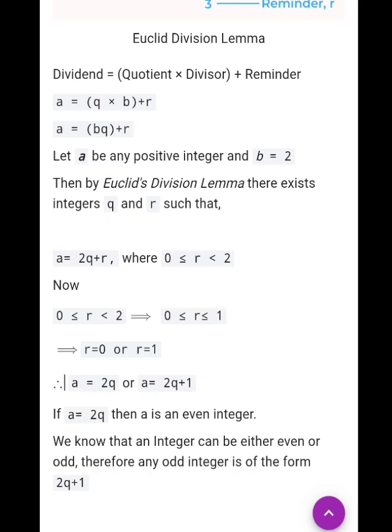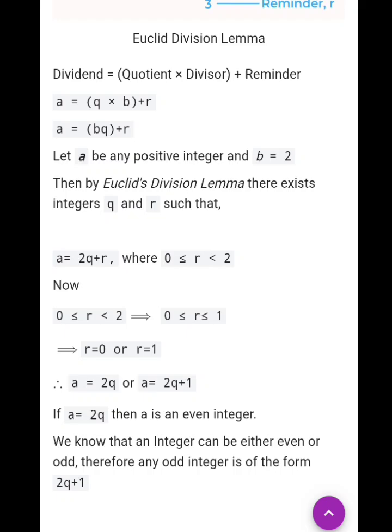Remainder should be an integer since we are doing division. So only integer values are possible for r. If it is less than 2, then the remainder can be either 0 or 1.